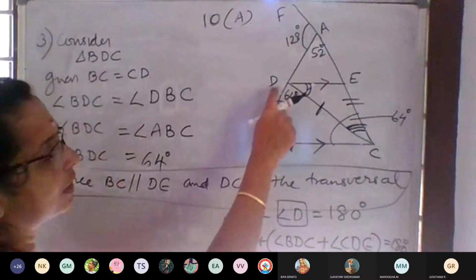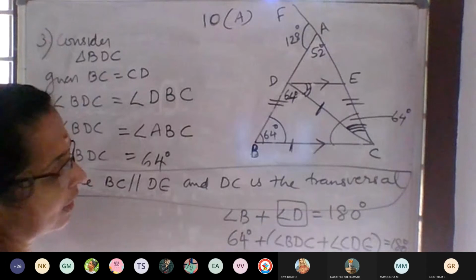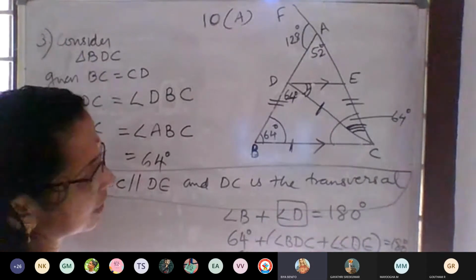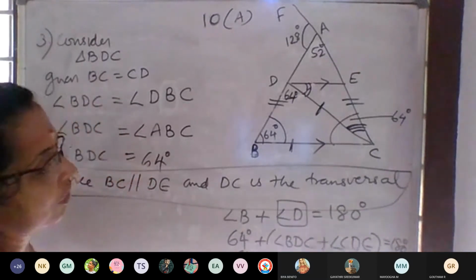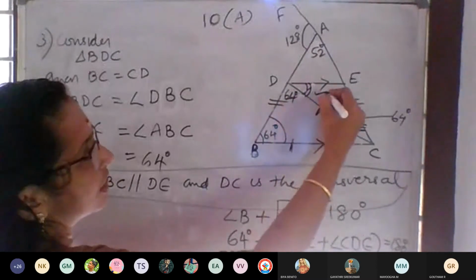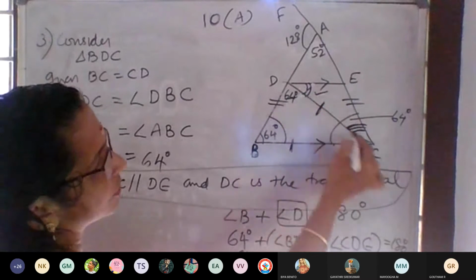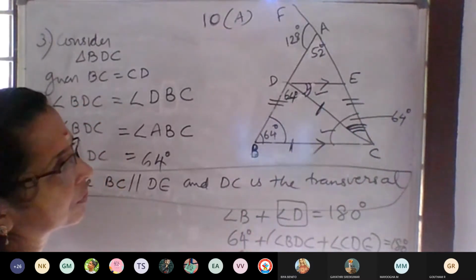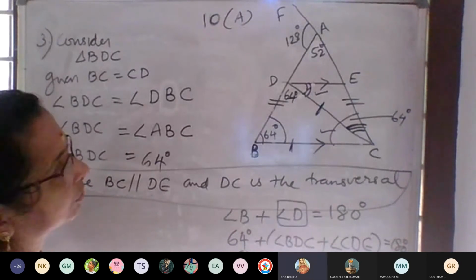Why? Because BDC we have. That's why we wrote it this way: 64 plus BDC, which is 64, plus CDE we don't have, is equal to 180 degrees. So CDE we will get. If we get CDE, with parallel lines and a transversal, alternate angles, we will get this angle. Understood? Yes, ma'am.